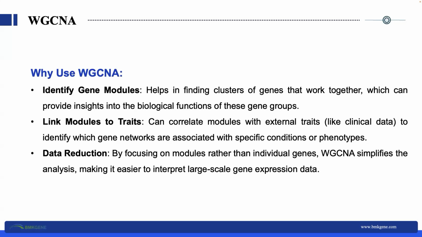WGCNA can correlate modules with each trait to identify which gene networks are associated with specific conditions or phenotypes. And reason 3 is data reduction. By focusing on modules rather than individual genes, WGCNA simplifies the analysis, making it easier to interpret large-scale gene expression data.